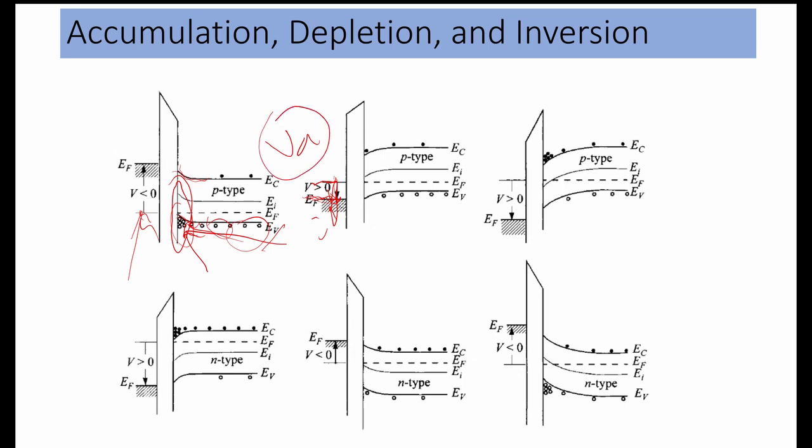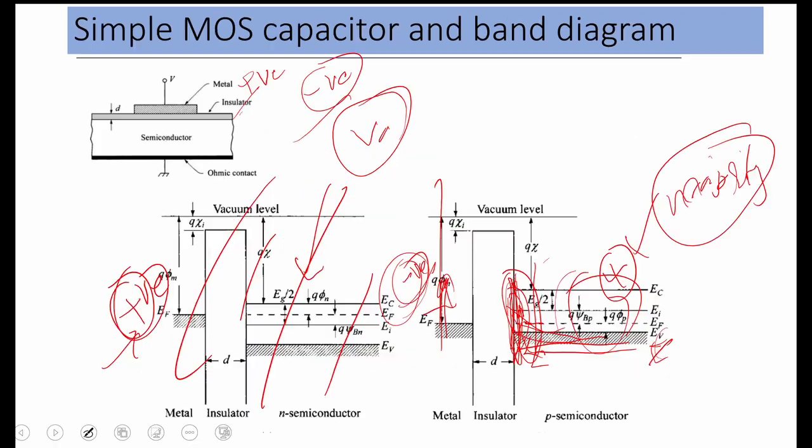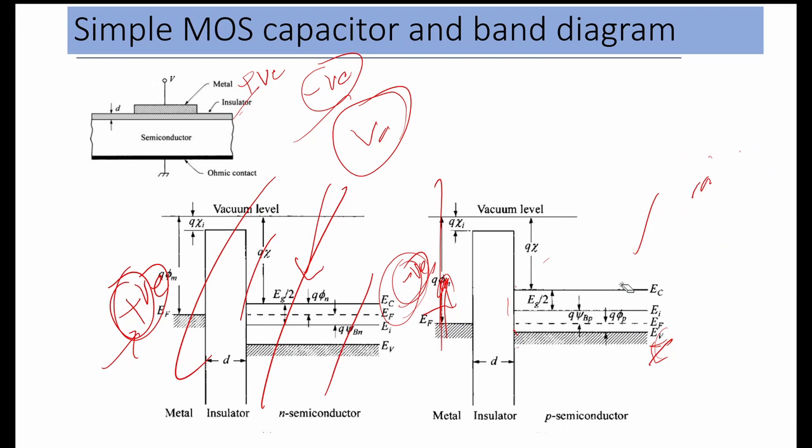So if we apply a positive voltage at this junction, what will happen is it will repel the holes at the junction. The holes are the majority carriers. As we apply the positive voltage, this Fermi level will go down, and the holes at this junction will be repelled.